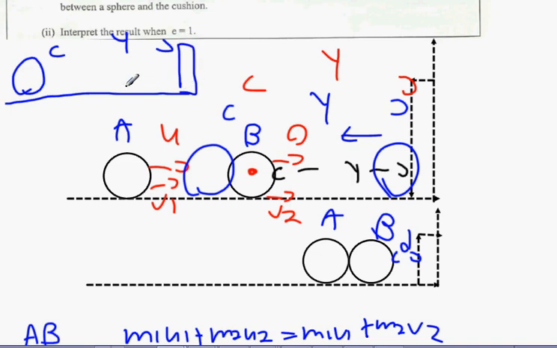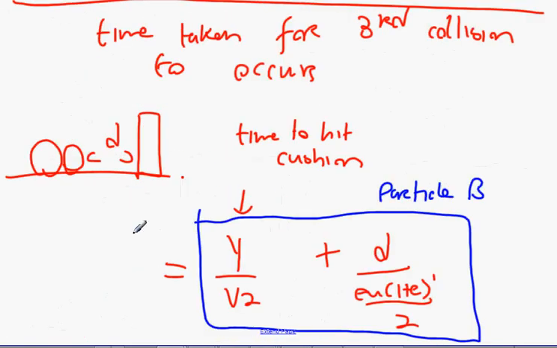Then B comes back out to meet A at distance d from the cushion. So A has in fact travelled the distance y minus d. So the time for A equals the time for B. So y minus d divided by the speed of A. The speed of A was u over 2, 1 minus e.